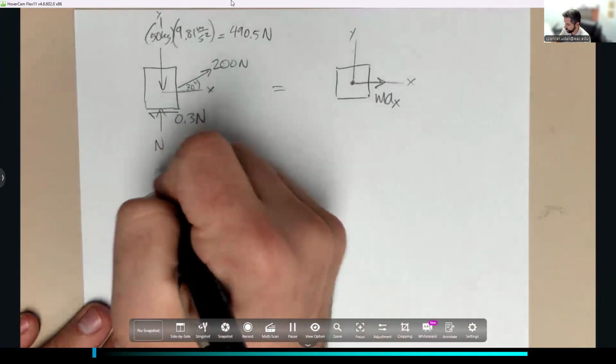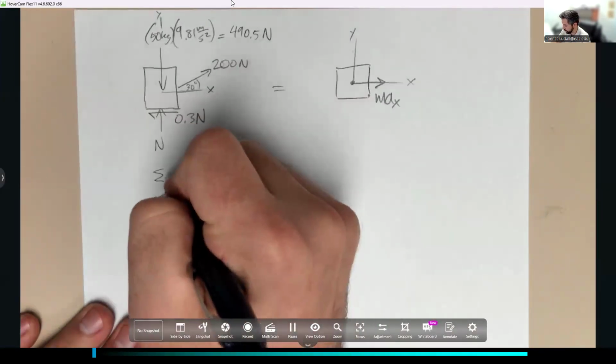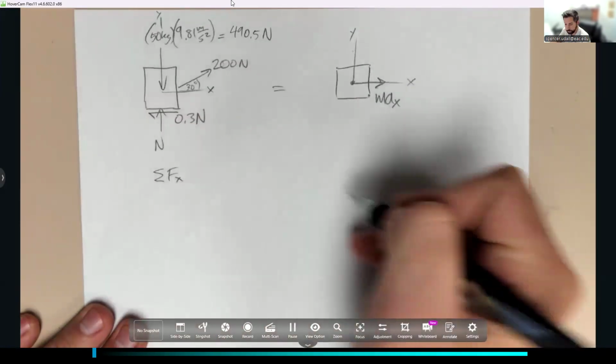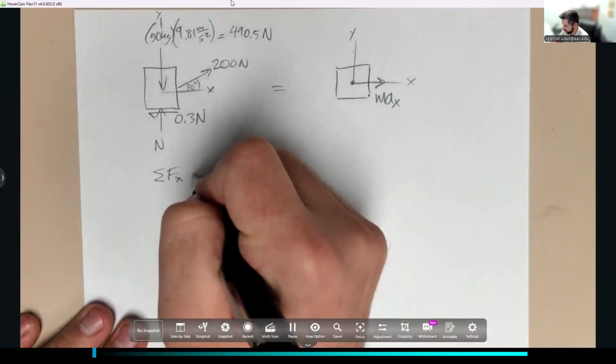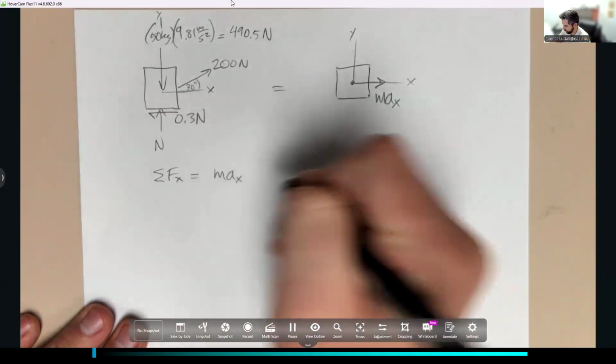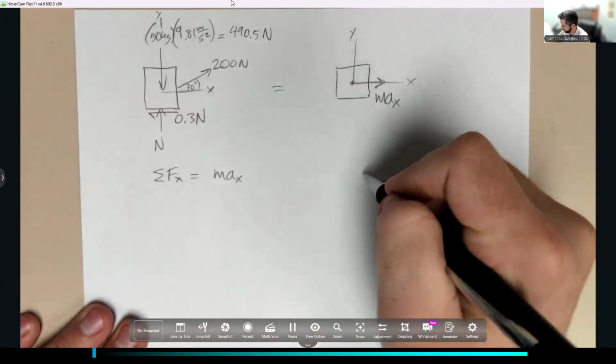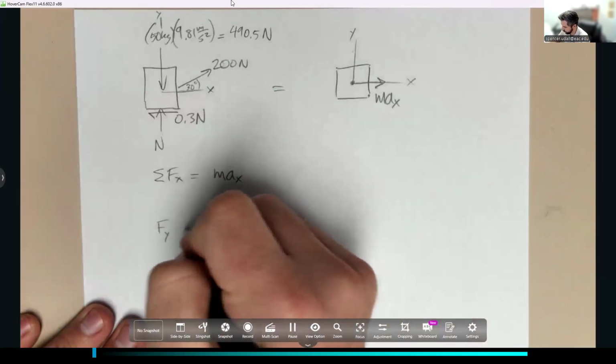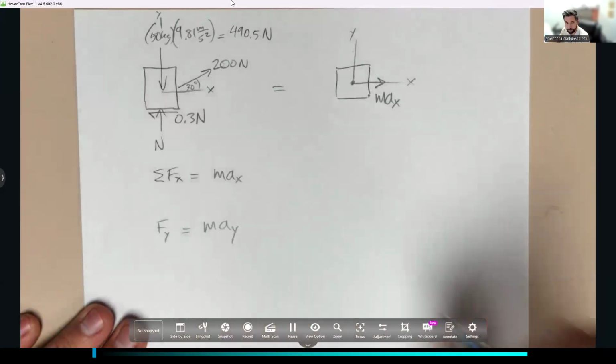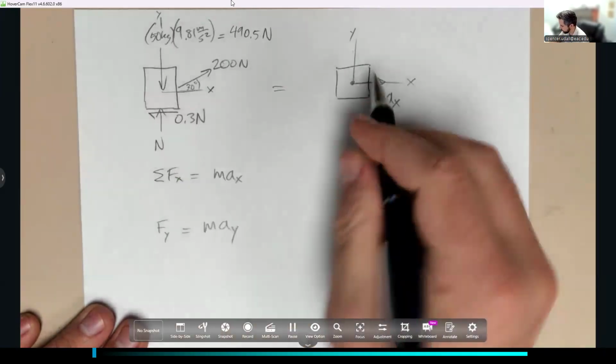So with those two in place, we're able to jump in here and say, all right, let's sum some forces in the x equals max, and we could sum some forces in the y equals may. Now, if we do the x's, what's going to happen?